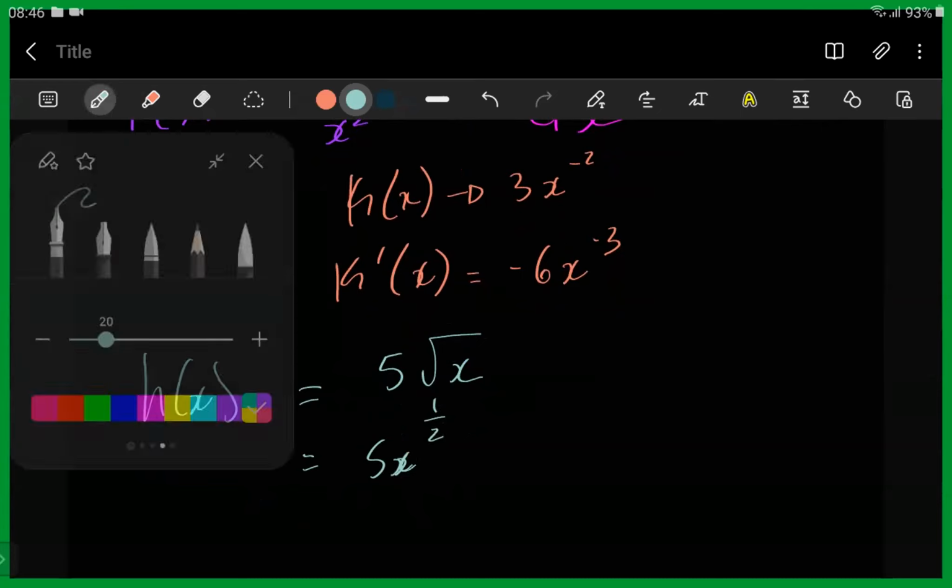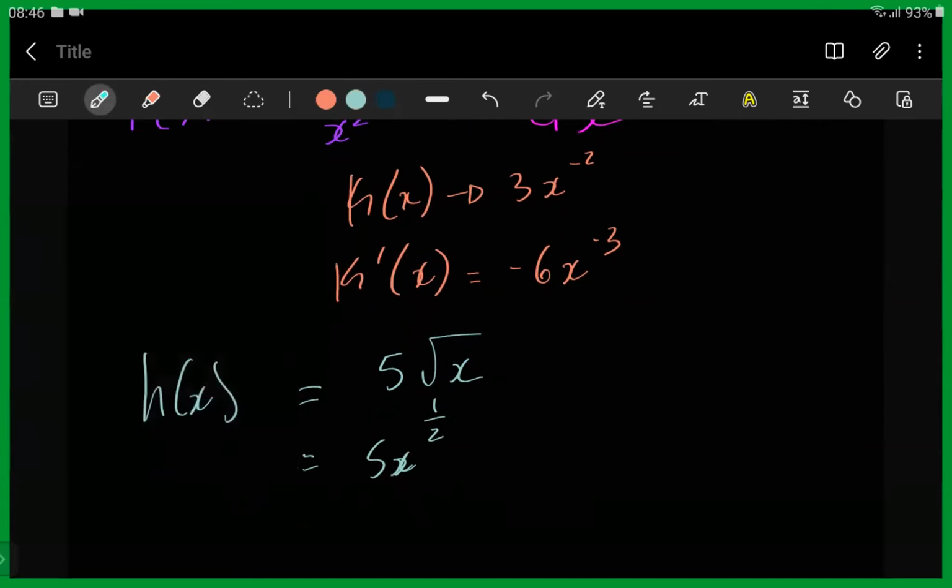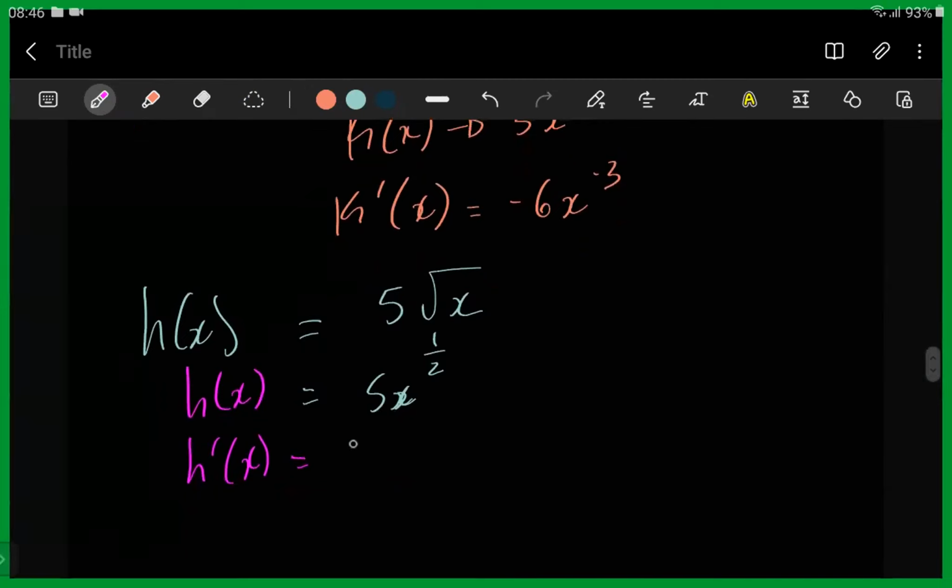You remember that? Yeah. So you see, this is what you would need to do first, meaning you would still be referring to it as h of x. So when you now differentiate, you can change the symbol now. A half times 5 is 5 over 2. Removing 1 from a half is just negative a half. You see it?